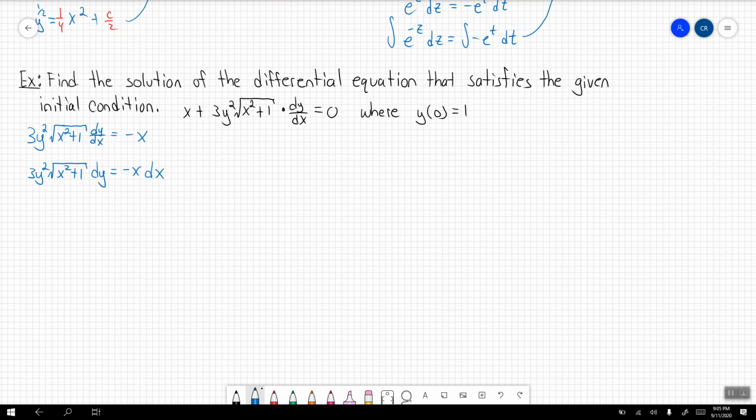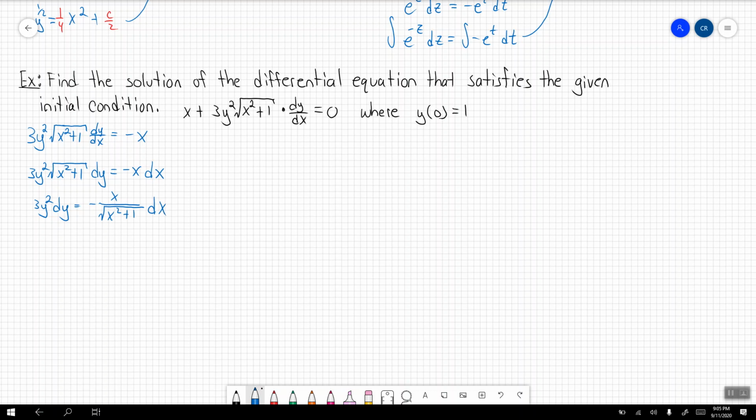And as we can see, we're already starting to isolate all of my y variables. So the natural last step will just be to divide by the square root of x squared plus 1 on both sides. And this now gets me, on my right-hand side, negative x divided by the square root of x squared plus 1 dx.